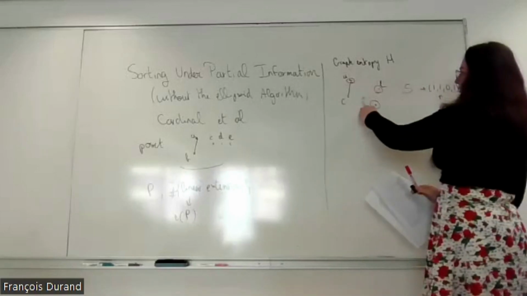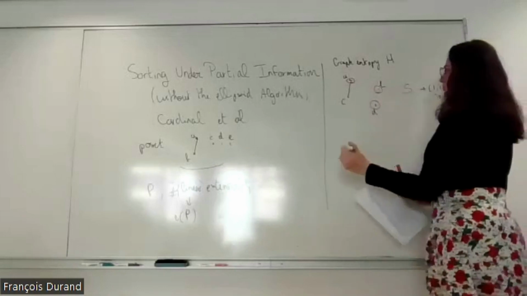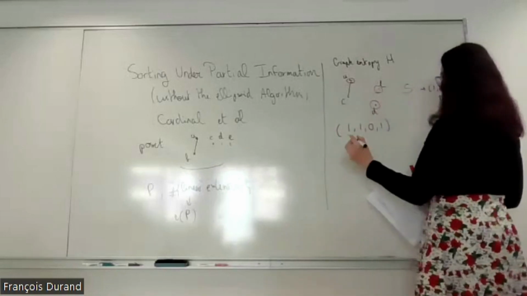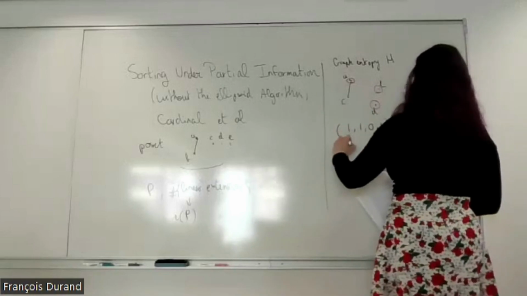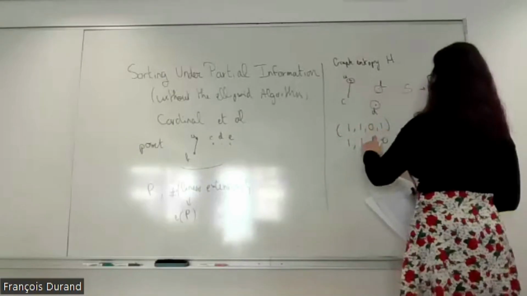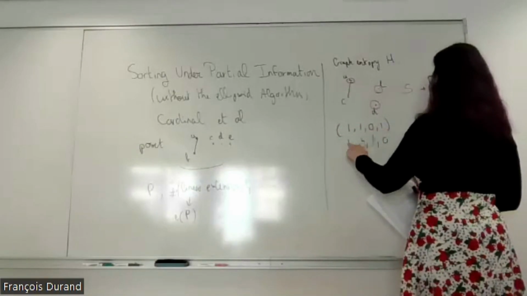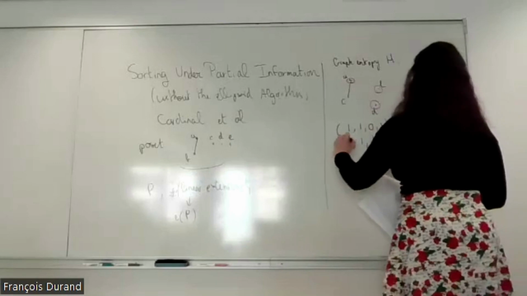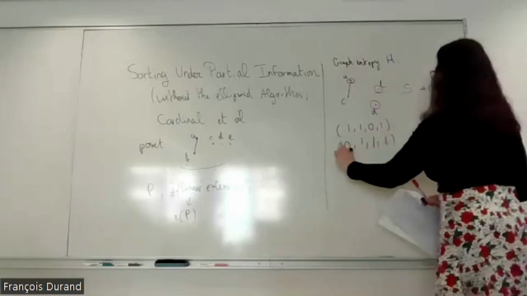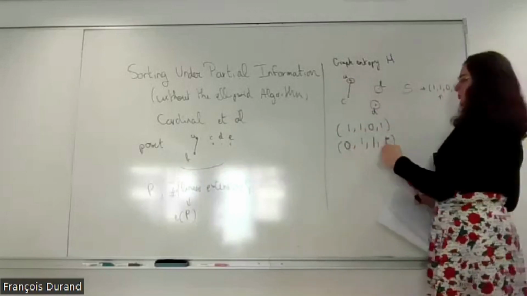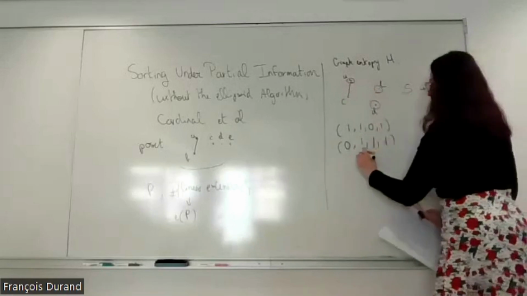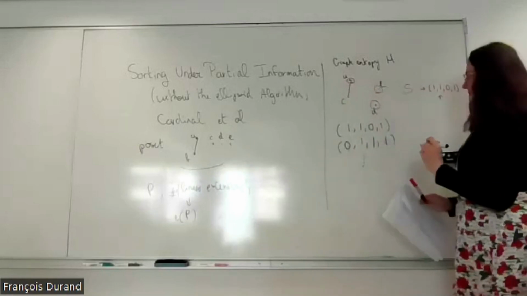For example, we have 0, 1, 1, because you don't take A but you take B, C, D, and so on.